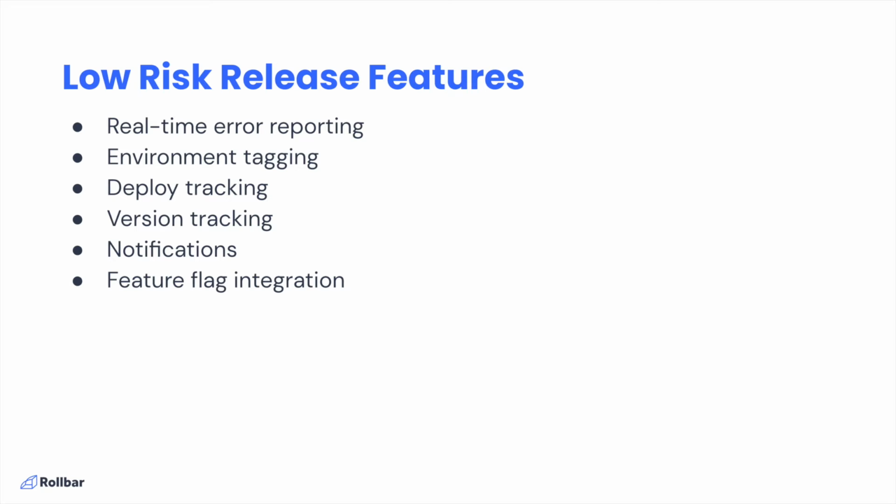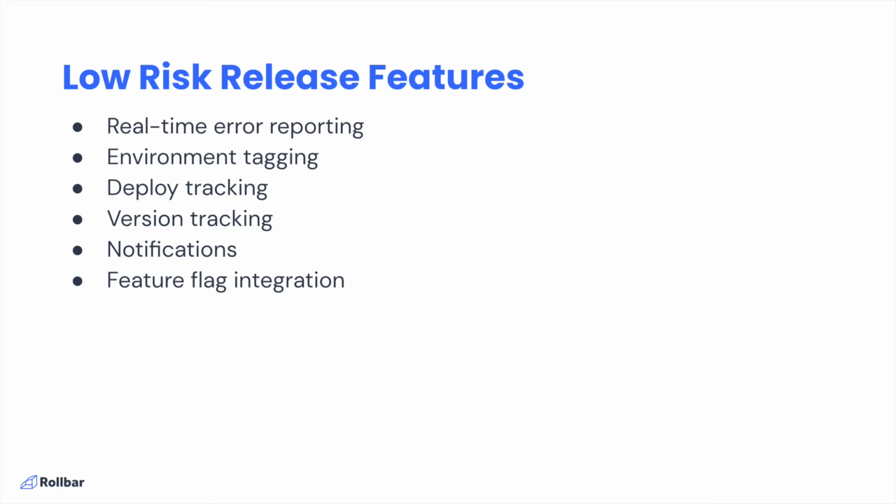The environment tagging that's called out here, just knowing that you can distinguish between environments with your Rollbar reporting process. That's a config that you can change on the code side. We'll look at that. Deploy and version tracking, those two not necessarily working together, but having the same scope as far as their visibility.